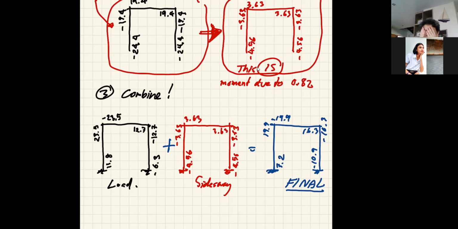It's just a new concept to allow you to break the moment due to sway into another category, and then you deal with it, and then in the end you just add them up. Okay, so is there any question?